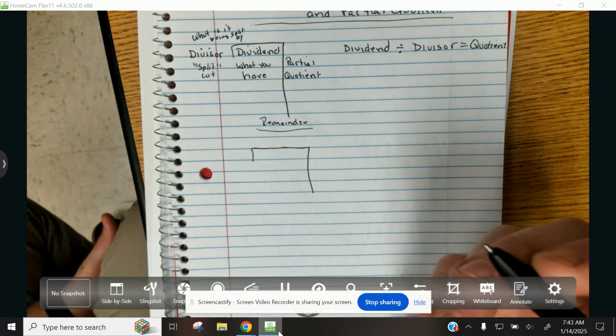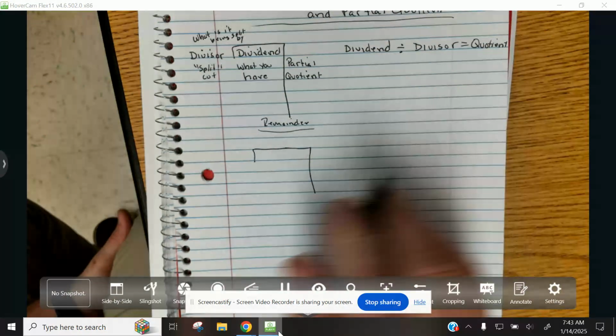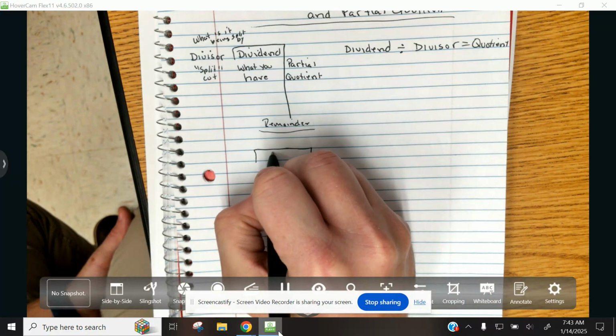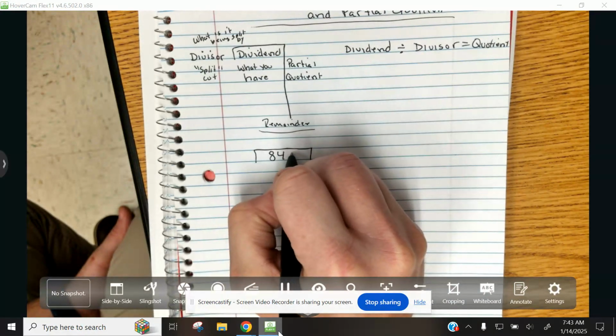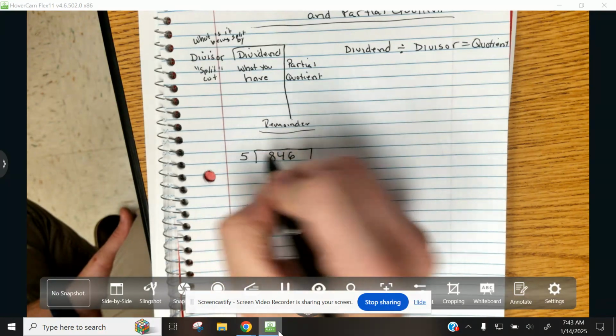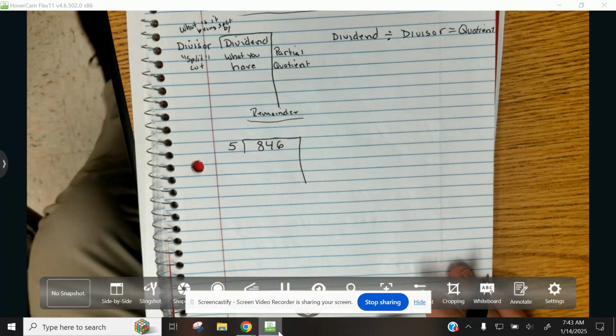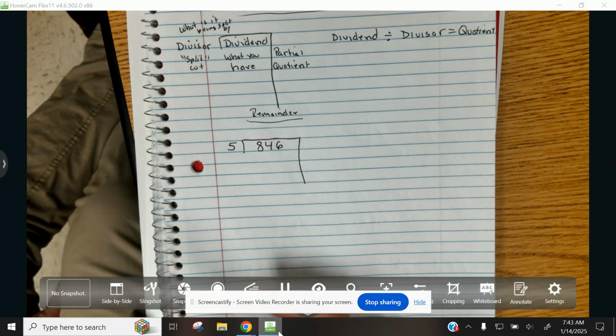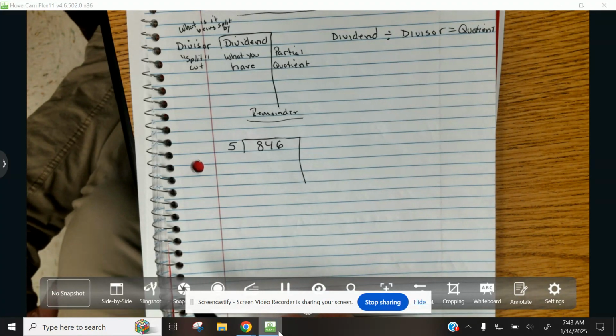So I'm going to go ahead and start one, and we're just going to do the partial quotient method here. Again, I'm just going to start with a random number: 846 divided by 5. Now, in 4th grade, you probably came up with some method or thought process of using numbers of 10.